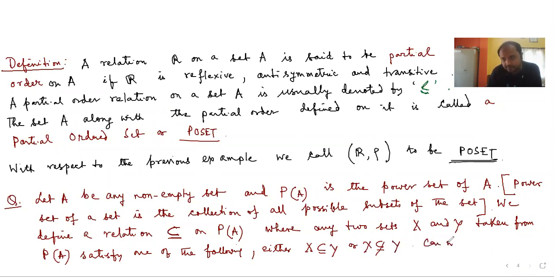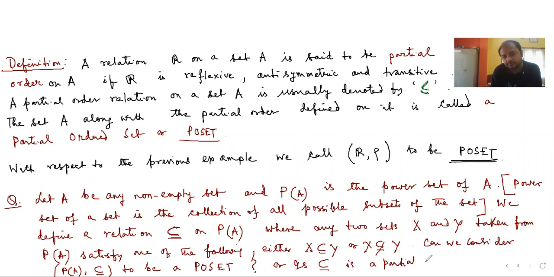Can we consider PA along with the relation subset to be a POSET? This is the question. Or is this a partial order relation? So I am leaving this particular problem for you to check by yourself.